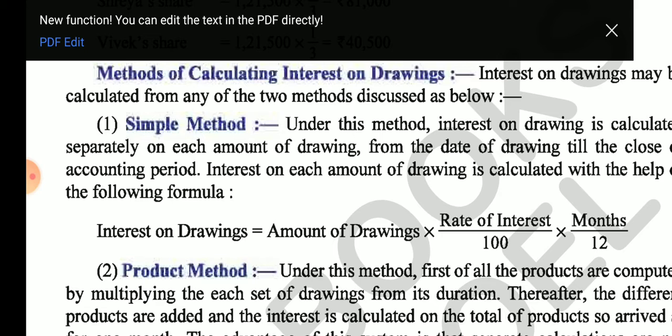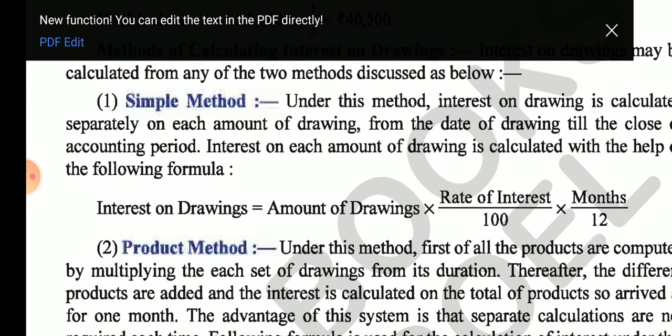One is the simple method. In this system, interest is the amount of drawing into rate of interest upon 100 into months upon 12. It means if you take the drawing on any date, on the basis of that we calculate the number of months up to closing and then calculate the interest on drawing.